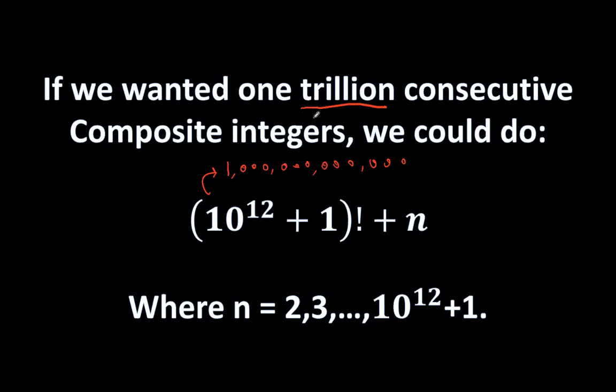If we wanted 1 trillion composite integers, we could do a trillion and 1 factorial plus n, and then just let n go 2, 3, all the way up to this number. So any number you give me, I can make a sequence of composite numbers, as many of them as you want, back to back.